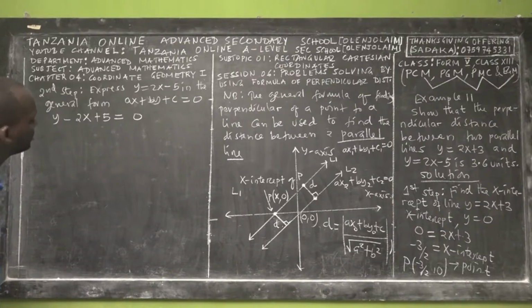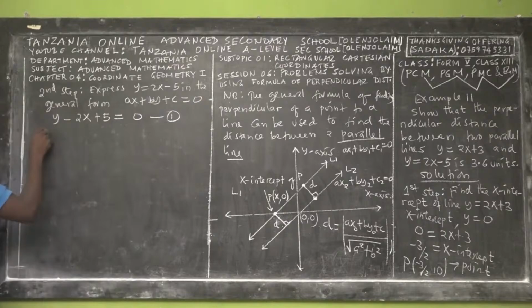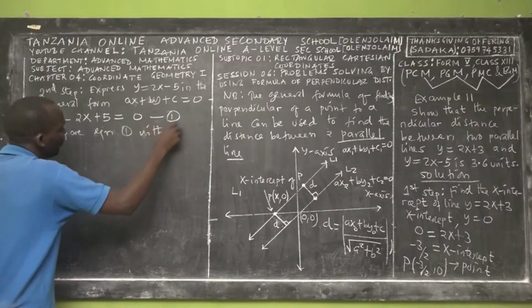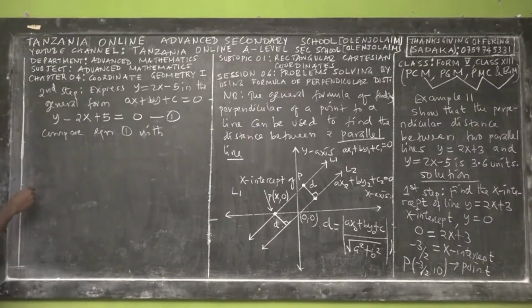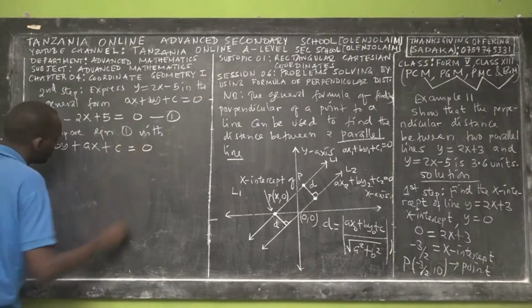So this is the case. We have to compare. Suppose that this is equation 1. Let us compare equation 1 with the standard expression, and the standard expression is by plus ax plus c is equal to 0.